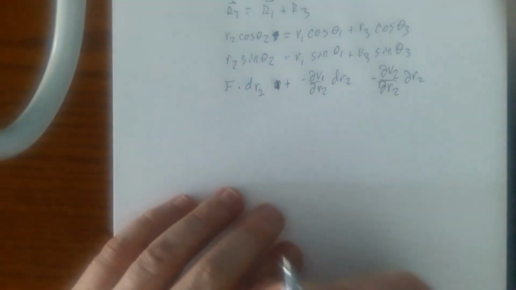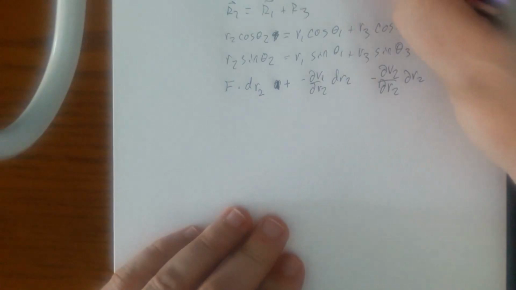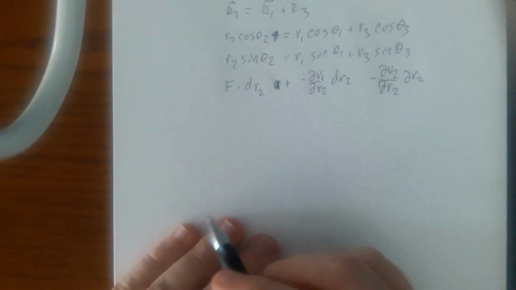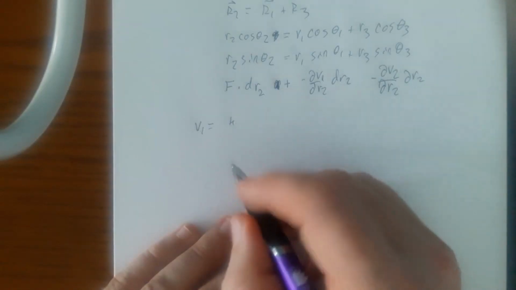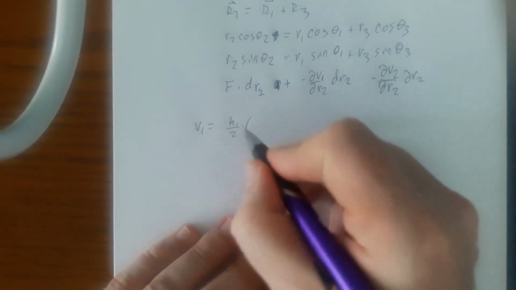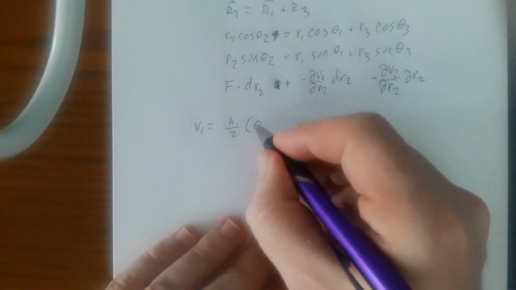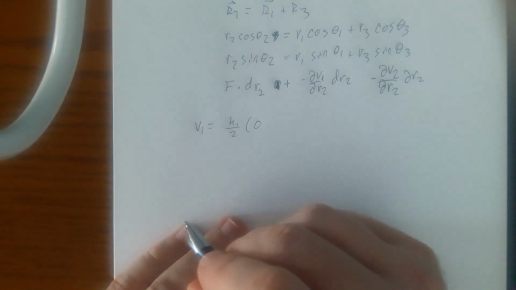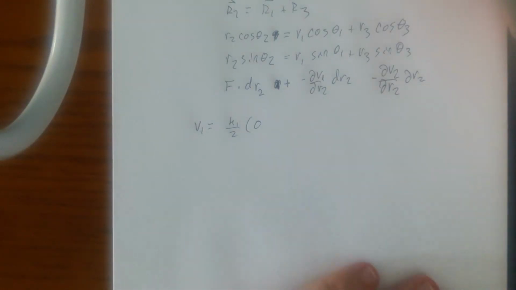Okay, and so I need an expression for that V1, for the potential energy associated with that spring. And well, V1 is just going to be K1 over 2 times, we'll just need the change in angle associated with that link.